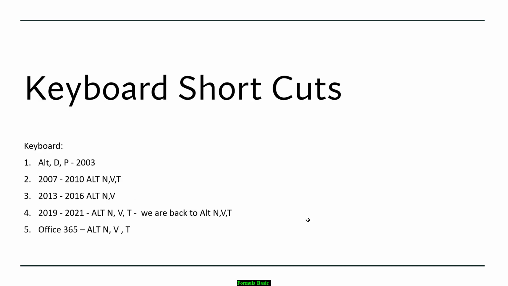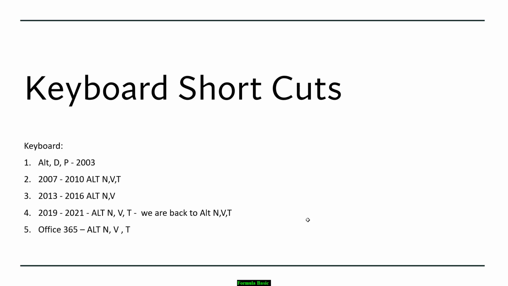When I go to pivot table, the keyboard shortcut that I can use to build a pivot table will be the following. If you're using the 2003 version, then you can use Alt-D-P. That still works in the current version. And if you're using 2007 and 2010, then the keyboard shortcut is the same one that I'm going to use right now with the latest version, called Alt-N and P. If you are a user of the 2013, 2016 version, then you will be using Alt-N-V.